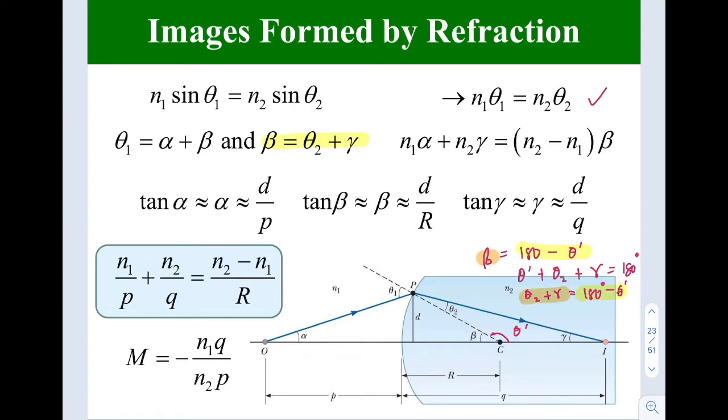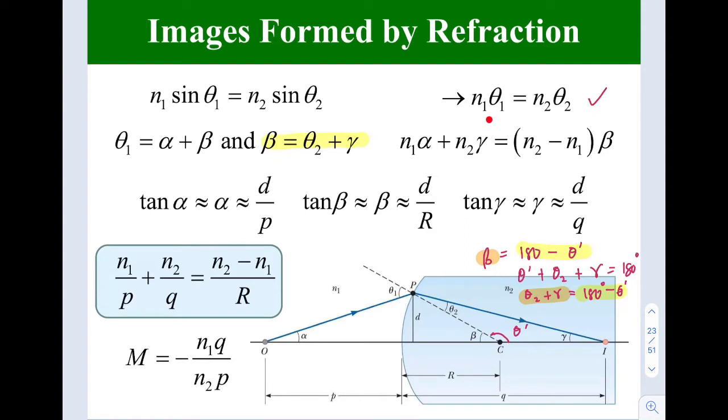So from there, we know that theta 1 is alpha plus beta, and beta itself is theta 2 plus gamma. Making use of the assumption that theta is very small, sine theta will be equal to theta only.